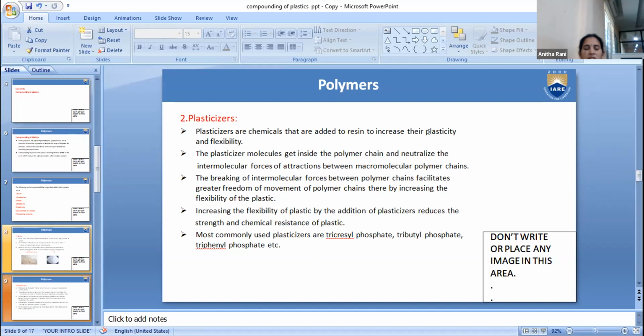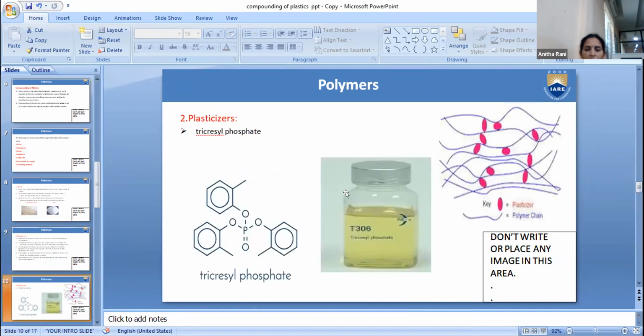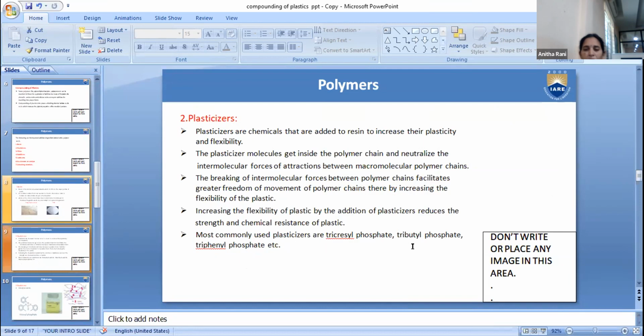For example, tricresyl phosphate, which I gave as an example here, or we can use tributyl phosphate or triphenyl phosphate. So these plasticizers we are adding into the resin.